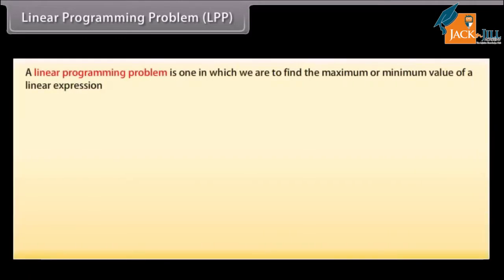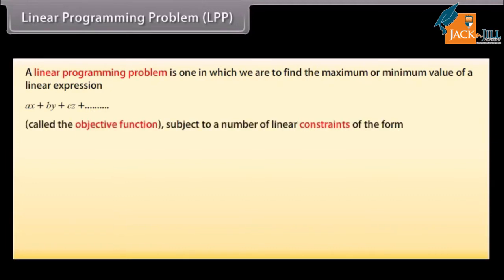Linear programming problem, LPP. A linear programming problem is one in which we are to find the maximum or minimum value of a linear expression, ax plus by plus cz plus and so on, called the objective function, subject to a number of linear constraints of the form ax plus by plus cz plus and so on till less than or equal to n, or ax plus by plus cz plus and so on till greater than or equal to n.